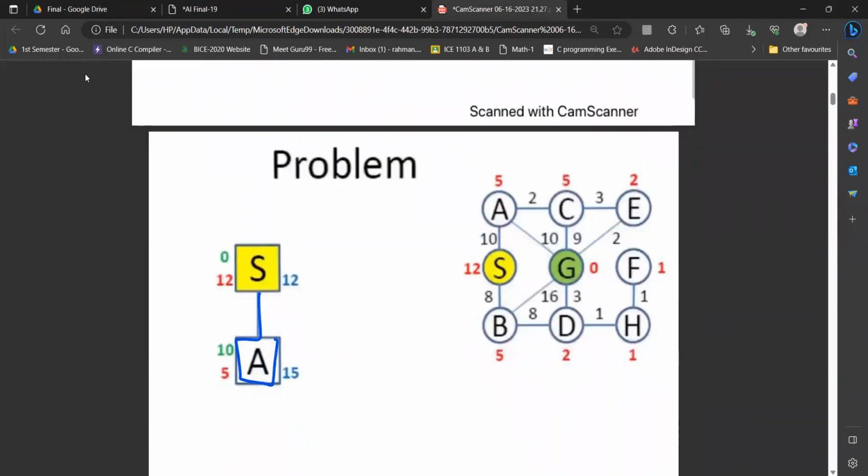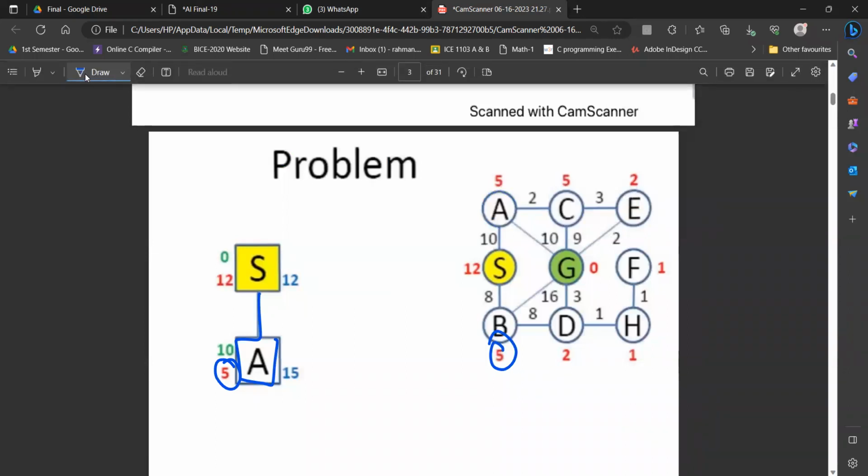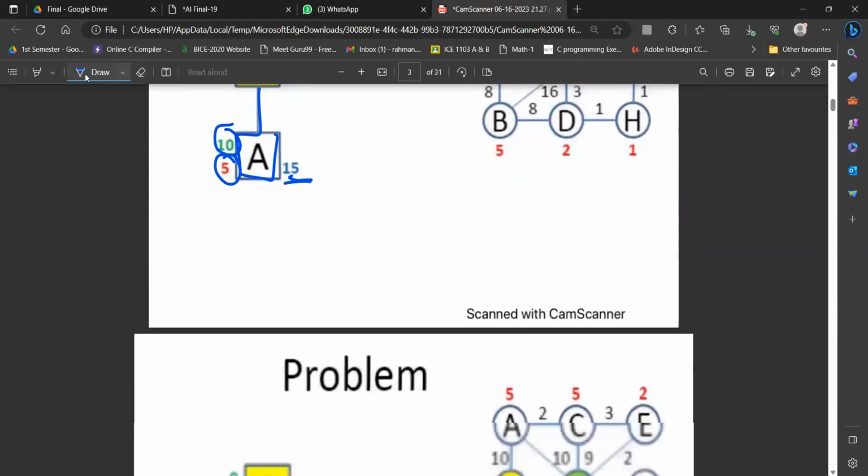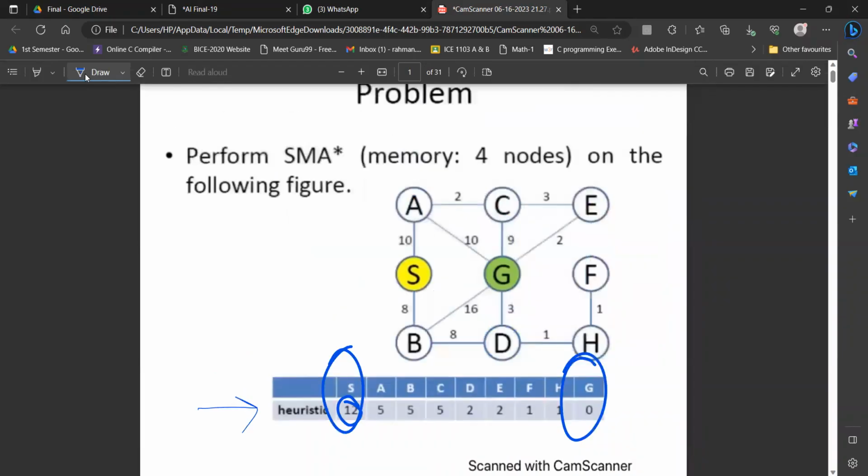Exploring A, the heuristic value of A is 5, written in red, and the path from S to A is 10. So 10 plus 5 gives us 15. Now, I forgot to tell you something: the memory is 4 nodes, so keep that in mind.